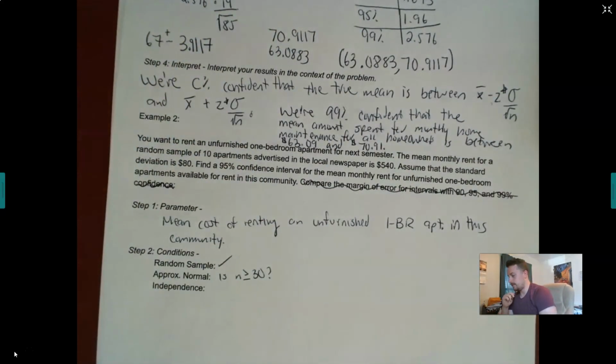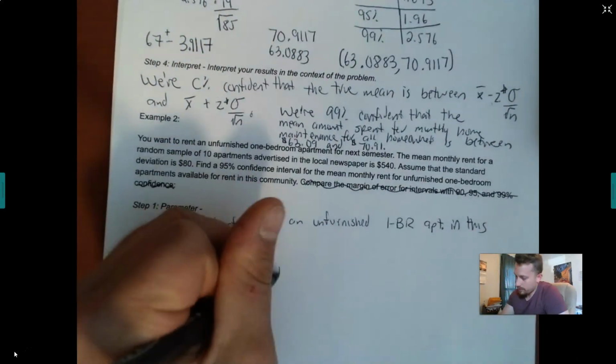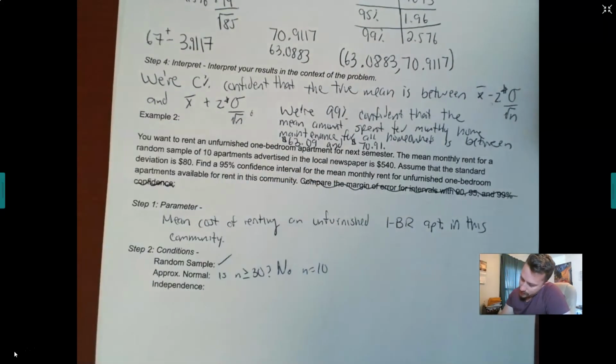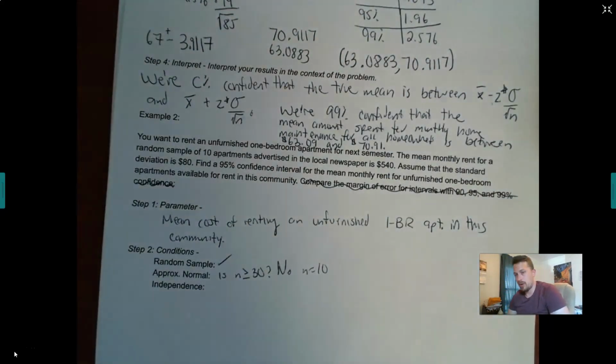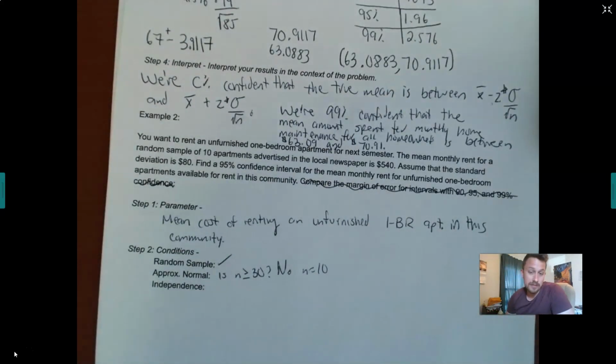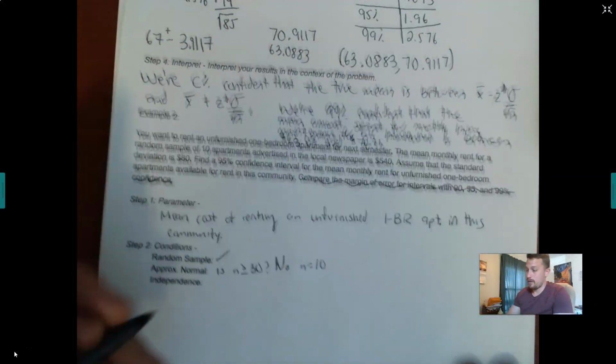If so, we can use the central limit theorem there. No. N equals 10. Well, okay, so that condition isn't met. So, since we can't really have the sampling distribution be normal, we don't have the proper inference procedure for this, so we're going to stop.